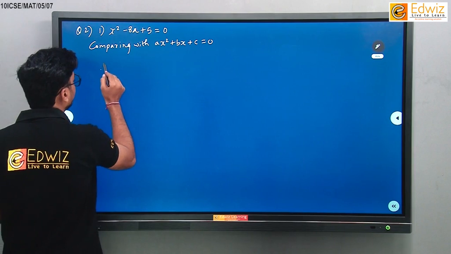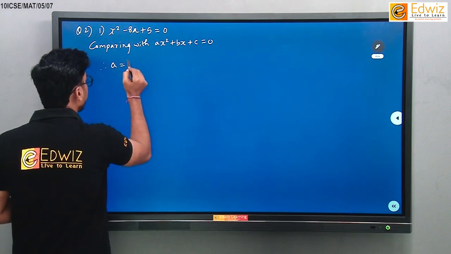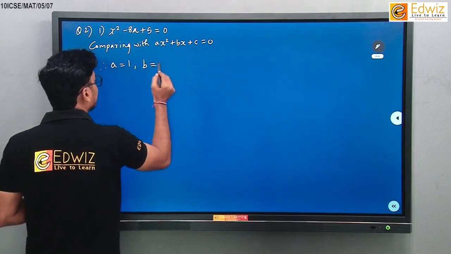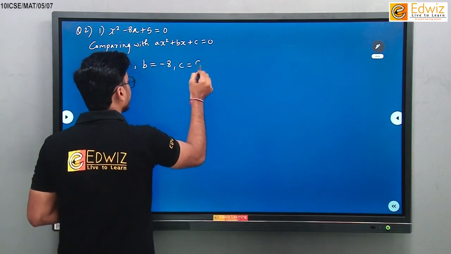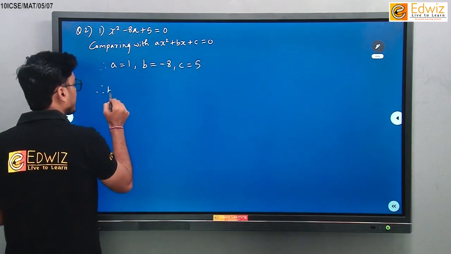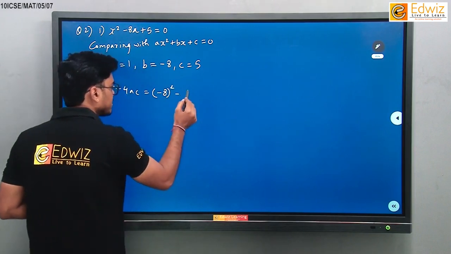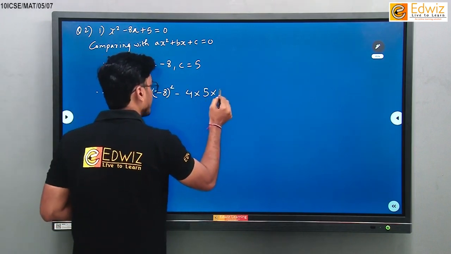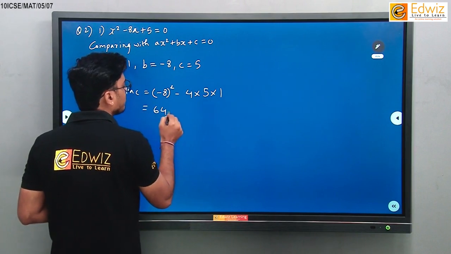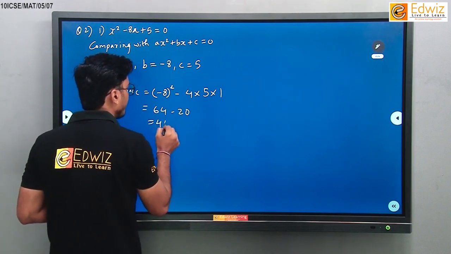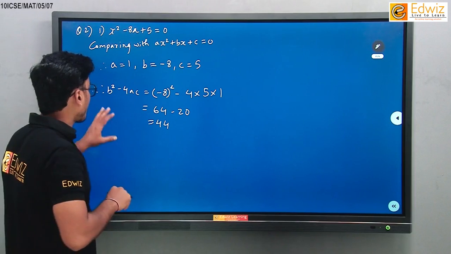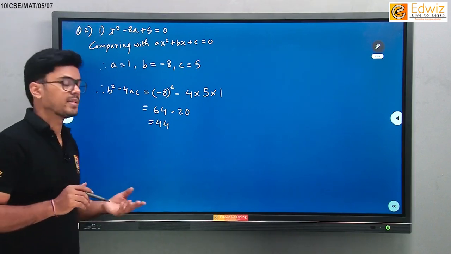So the value of A in this equation is 1, as you can see. B is minus 8 and C is just 5. So what is B square minus 4AC? It is minus 8 square minus 4 multiplied by 5 multiplied by 1. 64 minus 20, correct? So 44 is the solution for B square minus 4AC.